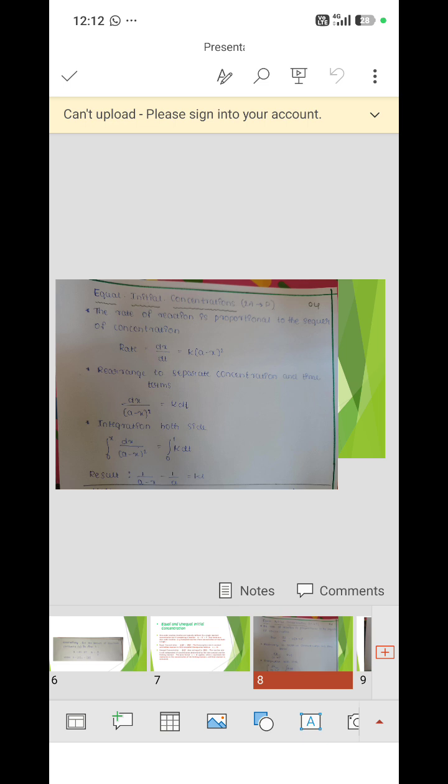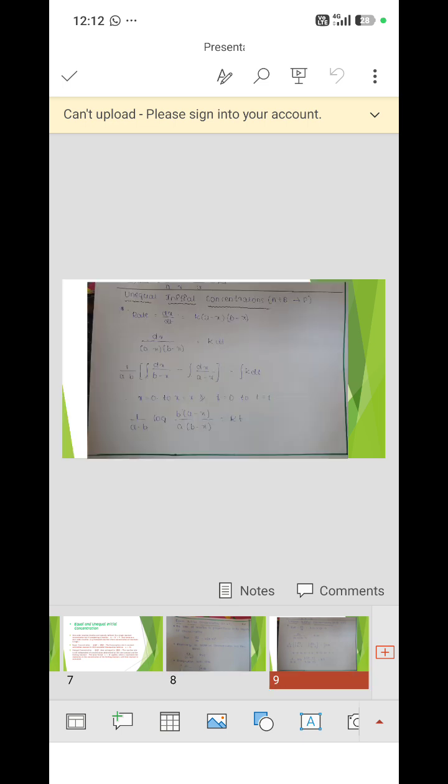Integrate both sides. Integrate from 0 to x, dx divided by (a minus x) whole square is equal to integrate from 0 to t, K dt. Result: 1 divided by (a minus x) minus 1 divided by a is equal to Kt.